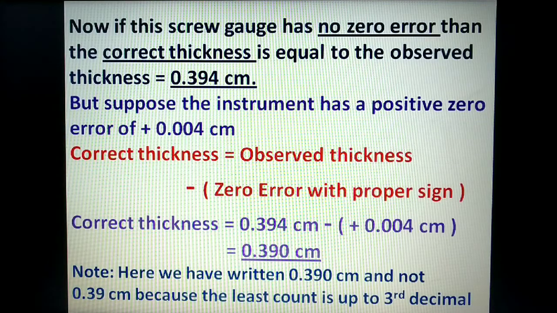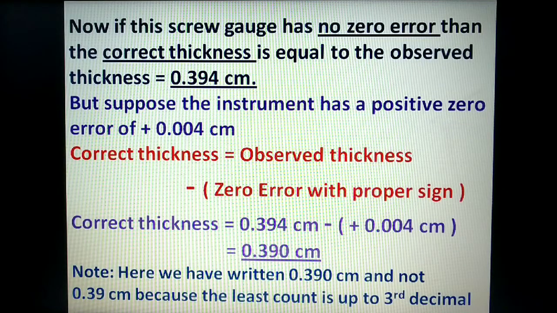But suppose the instrument has a positive zero error of plus 0.004 centimeter, then the correct thickness is equal to observed thickness minus zero error with proper sign. So the correct thickness will be 0.394 centimeter minus inside bracket plus 0.004 centimeter, and that gives the difference as 0.390 centimeter.